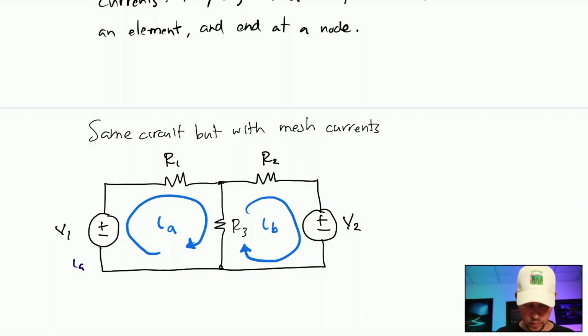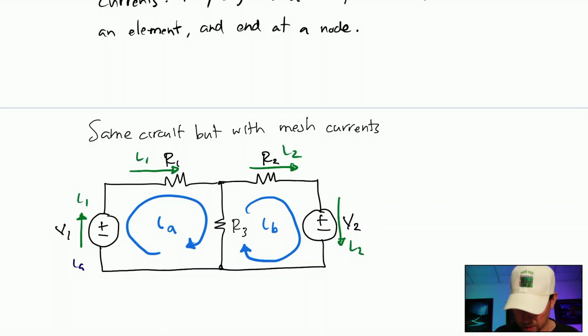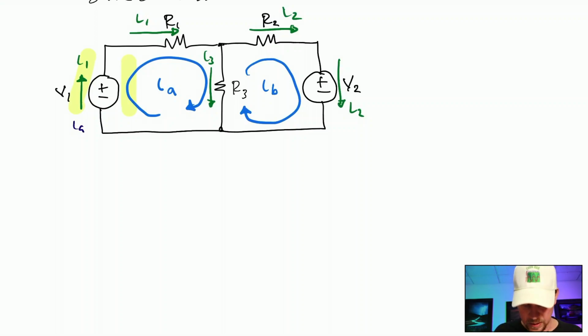So if you happen to take a look at the branch currents that we had previously, remember we had I1 going there, I1 going there, we had I2 going there, I2 going there, and down the middle here we had I3. Notice that I1 and IA exist along that voltage source. They match perfectly. They match not just with magnitude, but they also match with direction. So one thing that we can actually very clearly state is that I1, which is a branch current, is the same thing as IA, which is a mesh current.